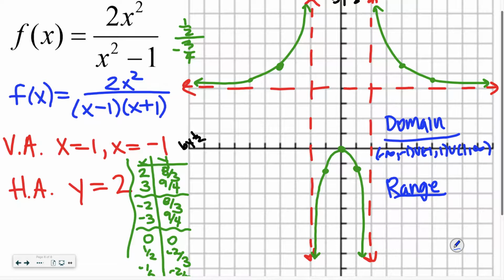So I need you to describe to me, where are our y values? First, they're above what? 2. Okay, we have a horizontal asymptote at y equals 2, and do we have y values above there? Okay, do we hit 2? Okay, so we know we have values from 2 to infinity.